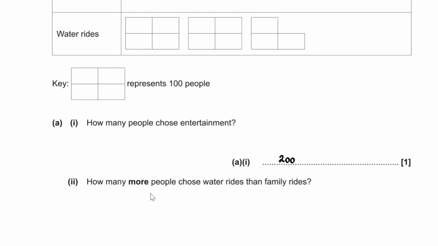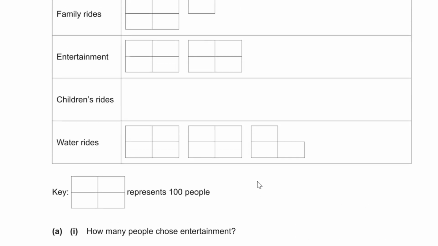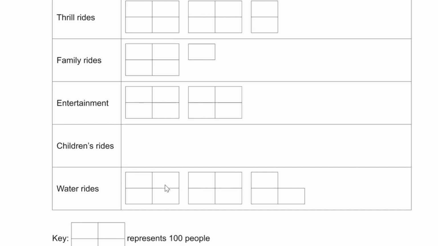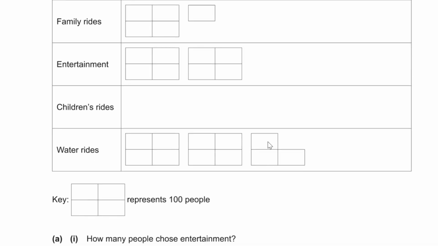And then, how many more people chose water rides than family rides? Well, for water rides, we've got 100, 200, and then each little square, that will be worth 100 divided by 4, which is 25. So we've got 100, 200, and 75.